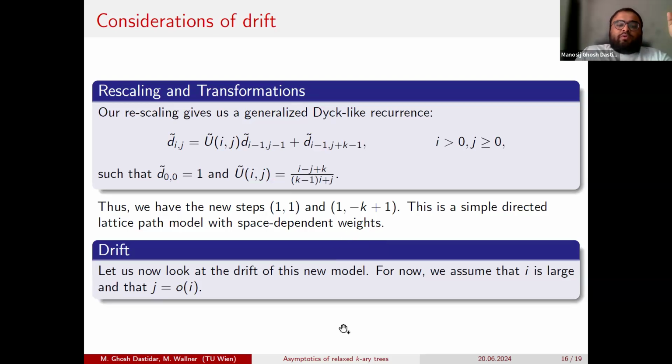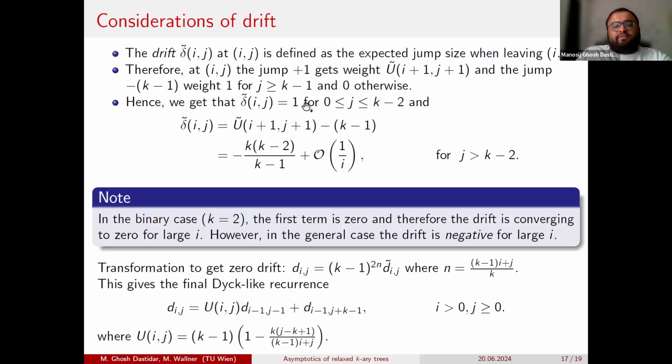At this point, we want to look at the drift of the new model. The drift is defined as the expected jump size when leaving (i,j). Therefore, at (i,j), the jump plus 1 gets this weight, and the jump minus (k-1) gets the weight 1.